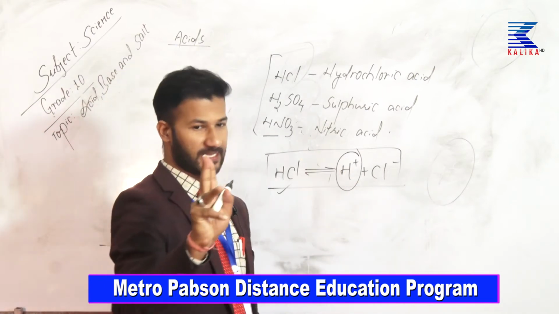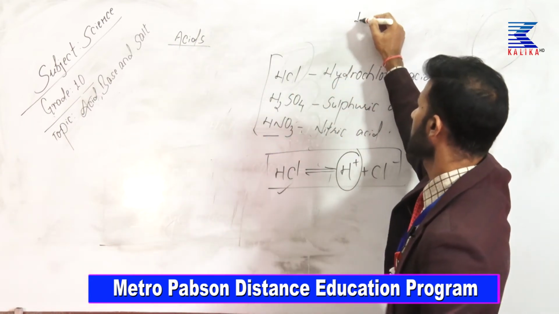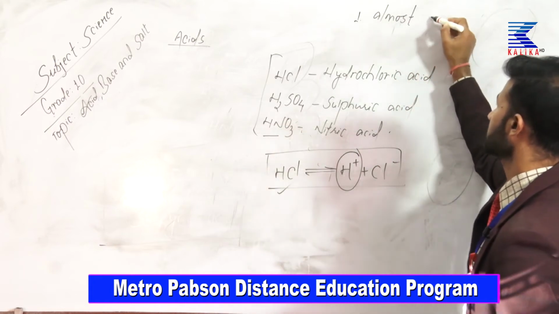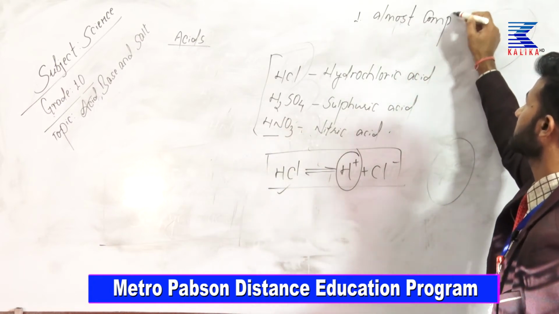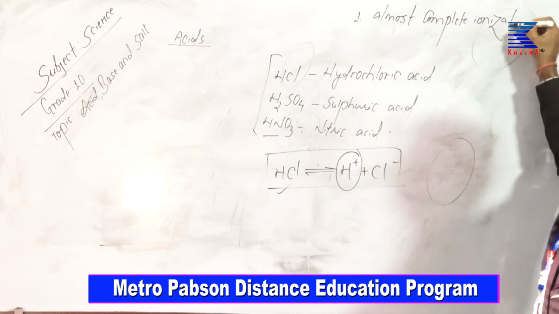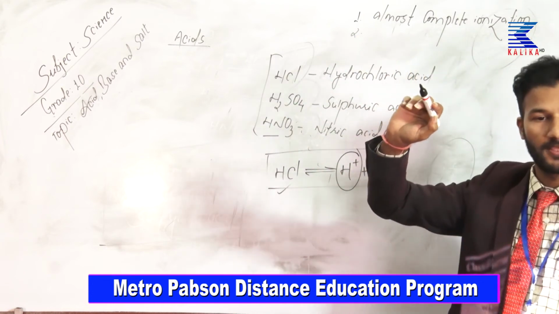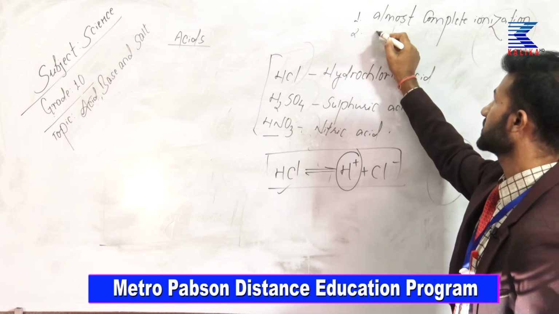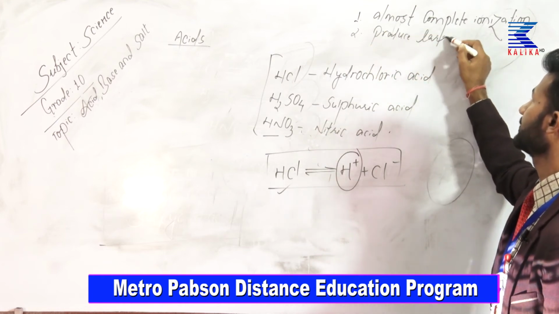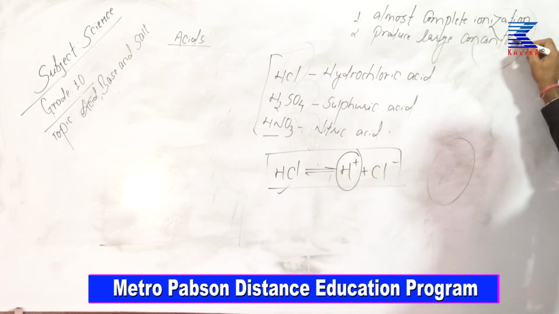Mainly 2 points, remember 2 points. Number 1, almost complete ionization, means when they are dissolved in water, they undergo almost complete ionization. And number 2, the point that you should not forget, they produce large concentration of hydrogen ion.